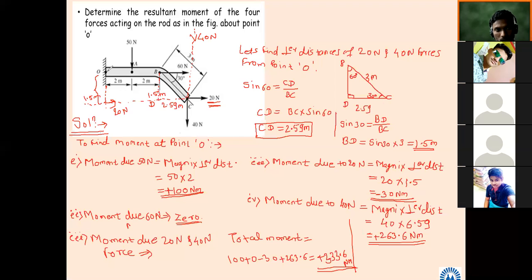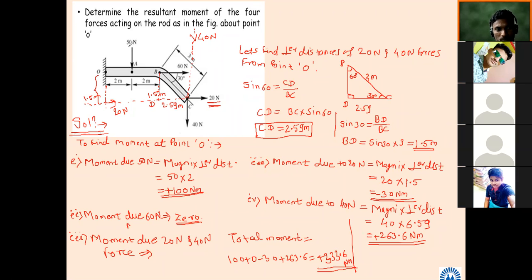We have to find the moment about point O. The definition of moment is force into perpendicular distance. The force is known, the perpendicular distance is known, 50 times 2 gives 100. If point O is fixed and a 50 Newton force is applied, see how the object rotates: clockwise or anticlockwise? If it is rotating clockwise, plus, so here we have given plus sign, 100 Newton meter. Then coming back to the 60 Newton force applied at point B, that force is passing through point O. Two special cases we have seen.